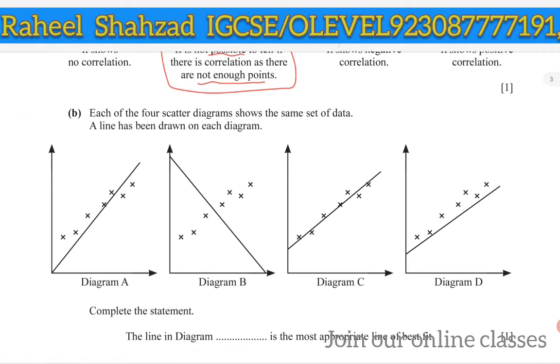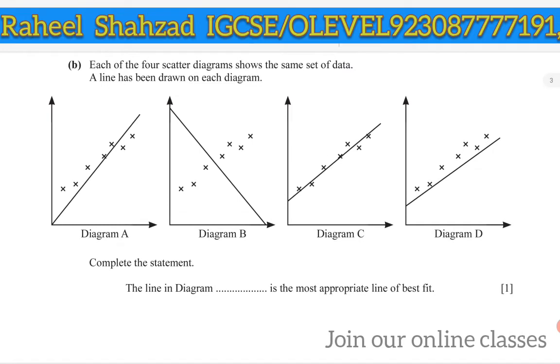Okay, question number 6, it's the B part. Each of the 4 scatter diagrams shows the same set of data. A line has been drawn on each diagram and the question is to complete the statement: the line in the diagram most appropriate as the best fit line.